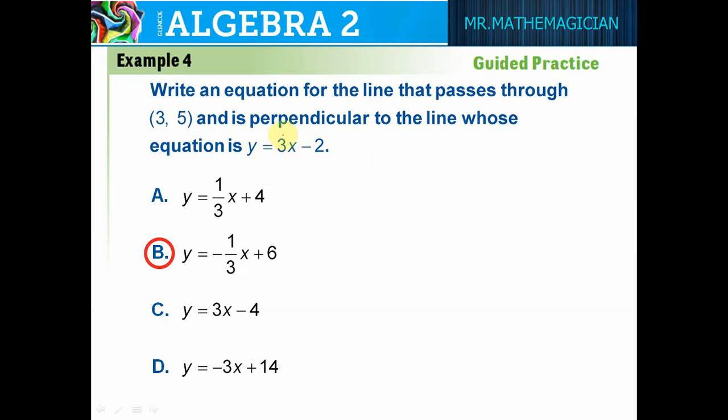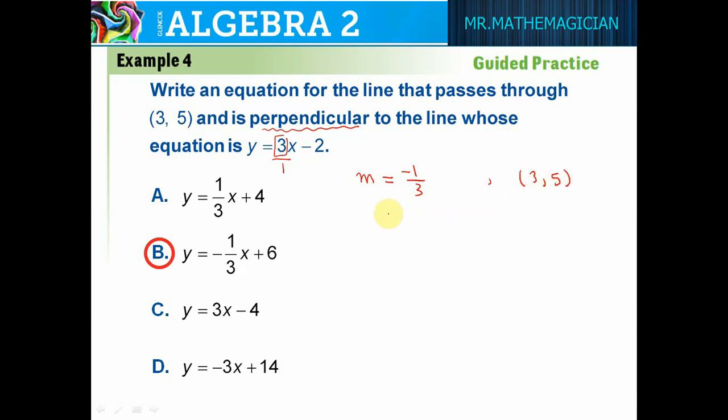So the given slope is 3. But the word perpendicular is mentioned. So 3 is like 3 over 1, and the desired slope is, flip and change the sign, negative a third.